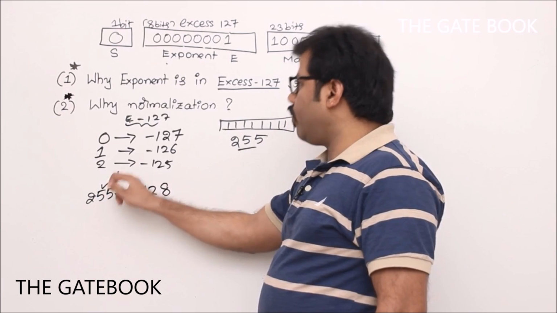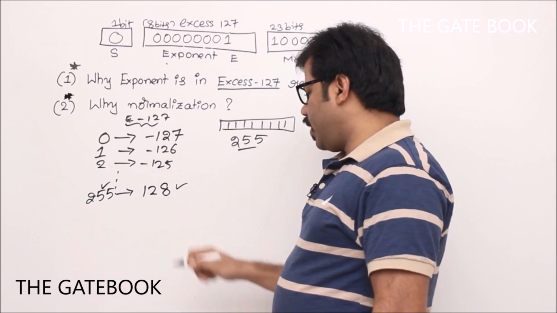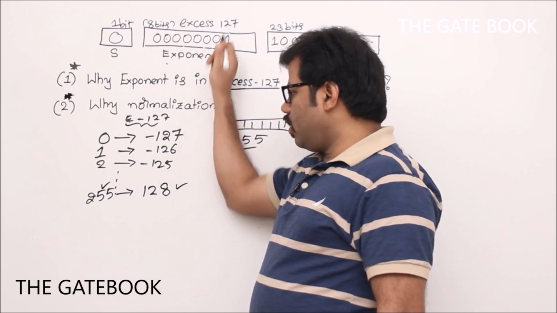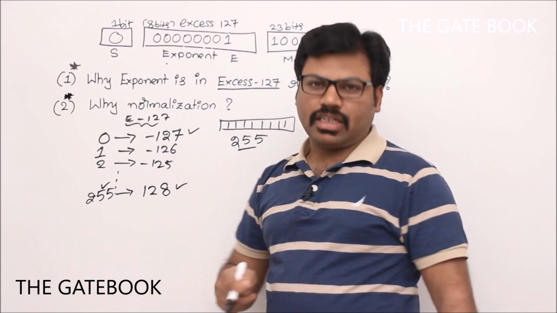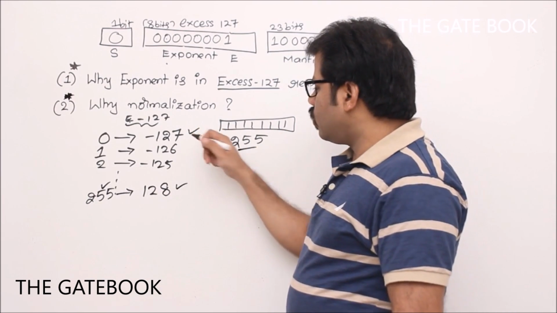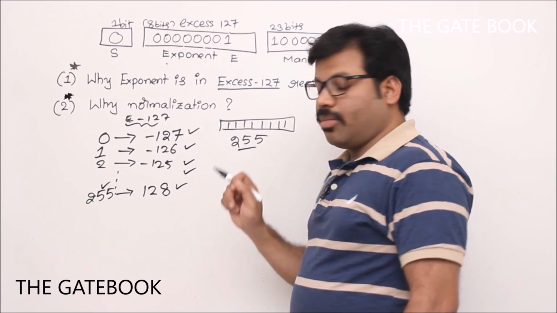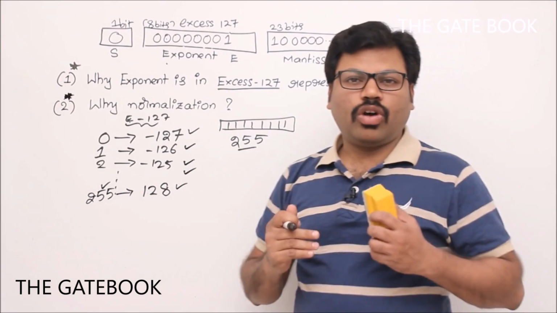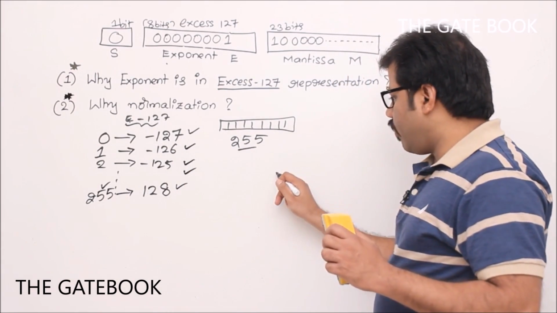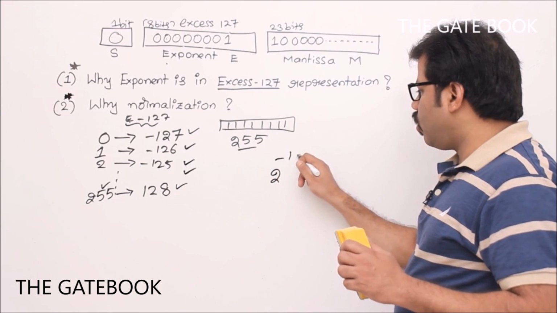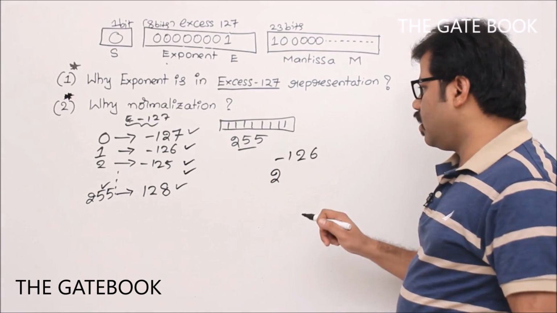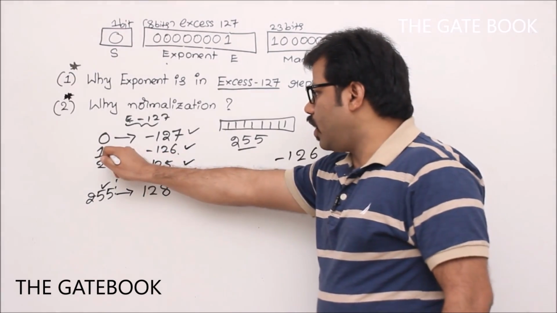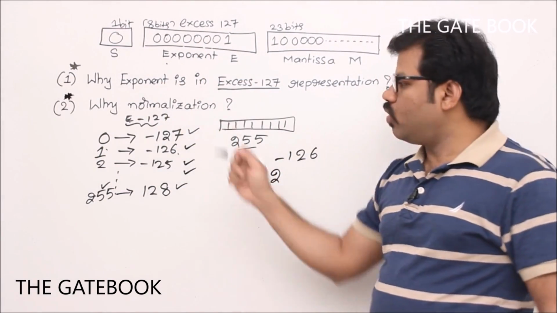Though you write 255 here, that is actually 128. Whenever you write 0 here, its actual value is minus 127. That is the way we will be understanding. Now remember one thing, whenever you really want to represent a number like 2 to the power of minus 126, then in the exponent we have to write 1. That is the way we have to plan it out.